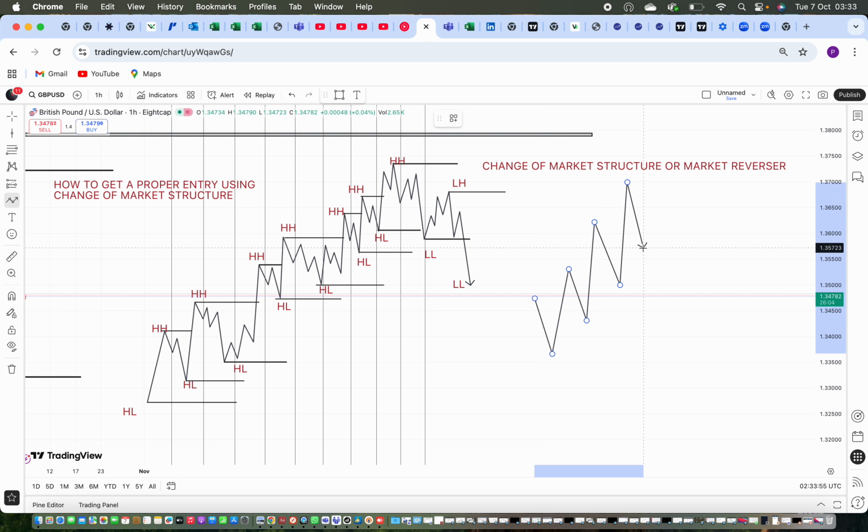I was able to tell you guys that the market does not move in this direction, that the market actually moves leaving what we call internal liquidity and external liquidity, or external structure and internal structure.